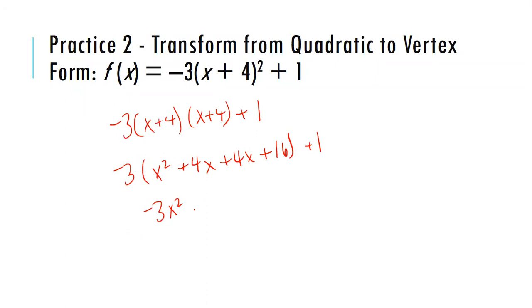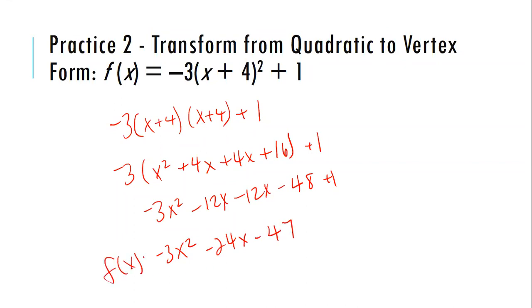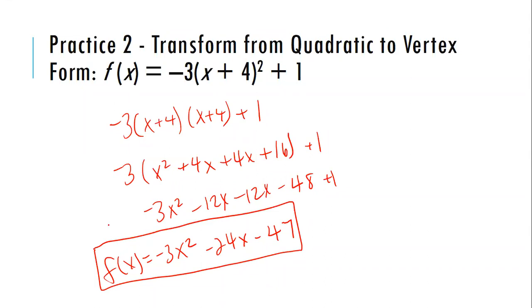Gives me negative 3x squared minus 12x minus 12x minus 48 plus 1. And then I end up with negative 3x squared minus 24x minus 47. How do we do?